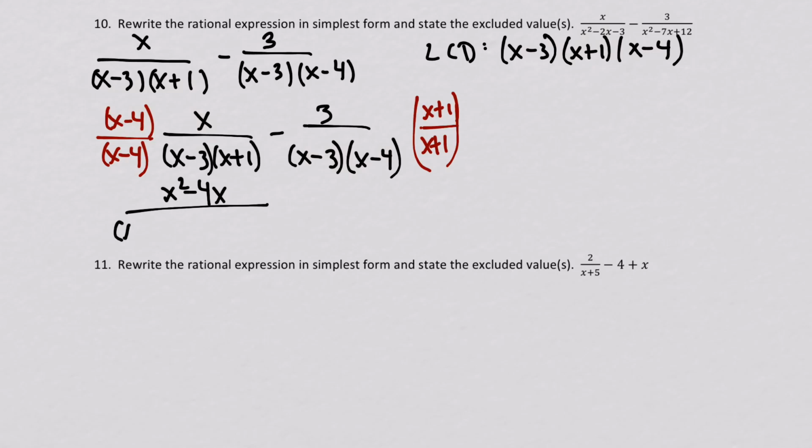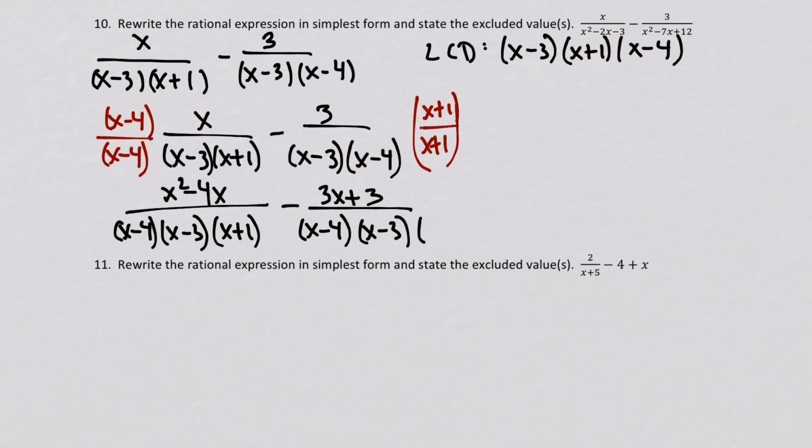Over x minus 4, x minus 3, x plus 1, minus 3 times x plus 1, that's going to be 3x plus 3 in the numerator over x minus 4 times x minus 3 times x plus 1.